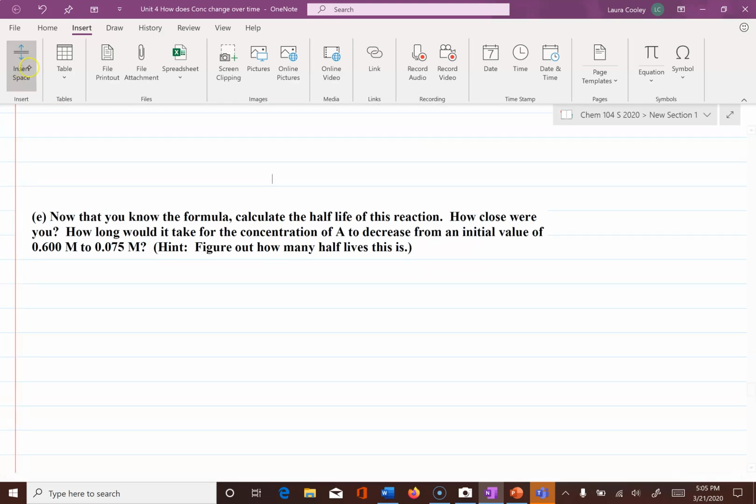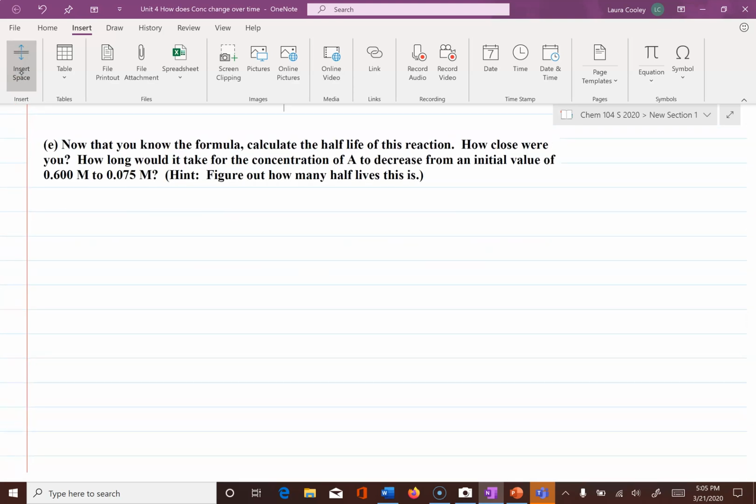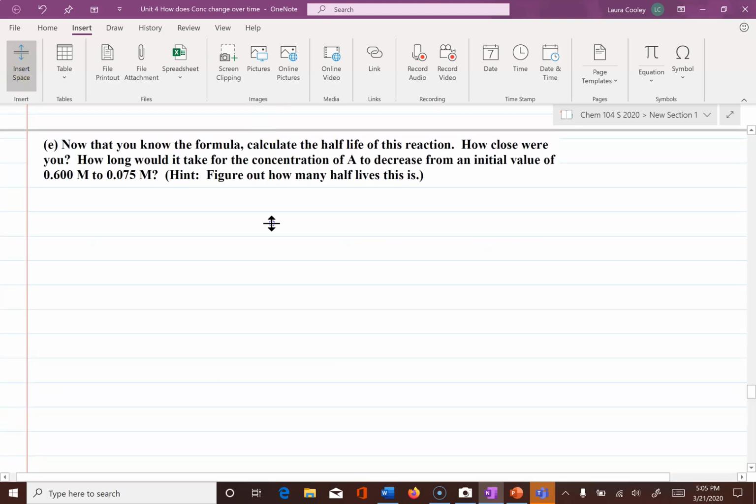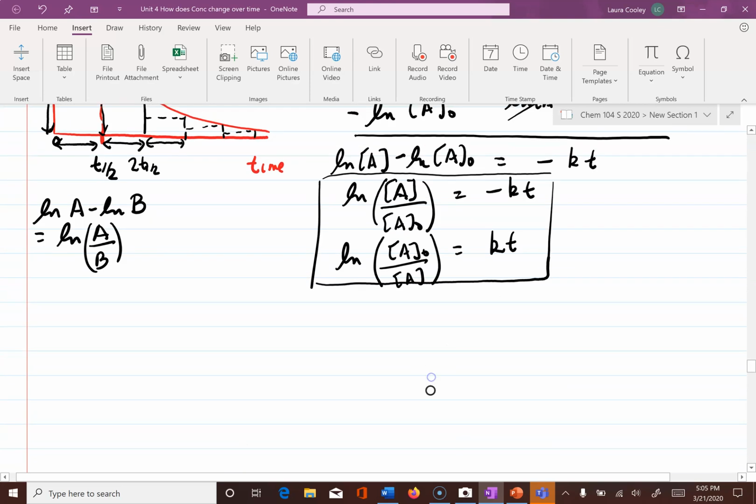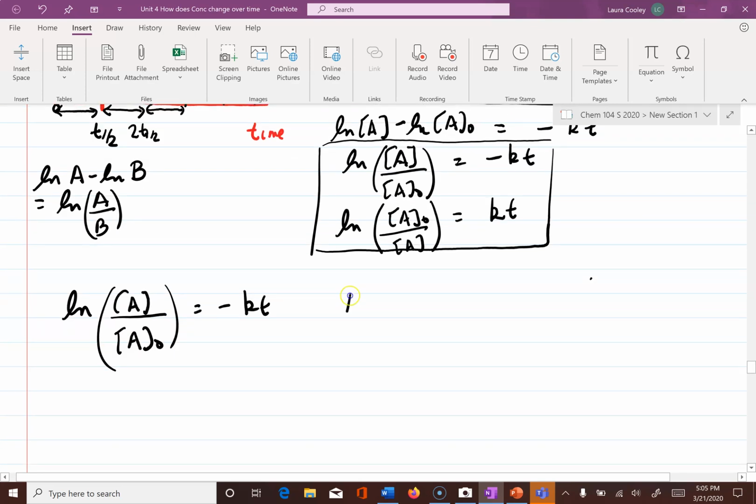Let me get some more room in here. I feel just as silly doing this as I do in class when it doesn't work. But okay. So if we have the log of A over A0 is minus kt, and now I say at the half-life. What does that mean?